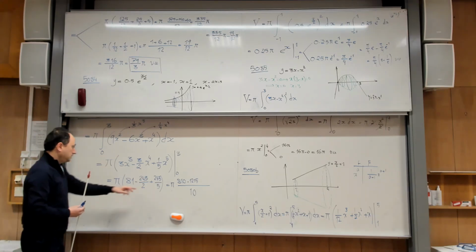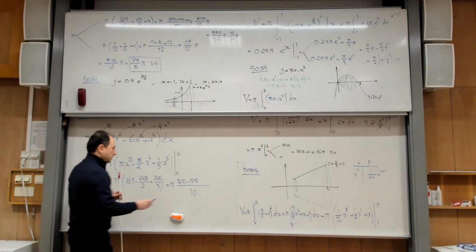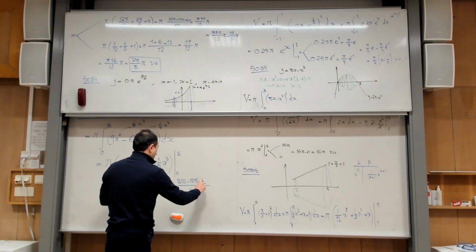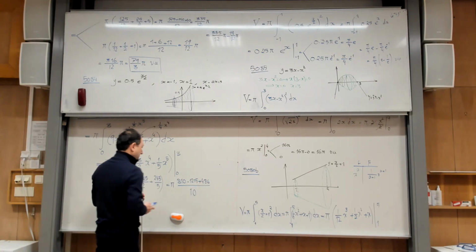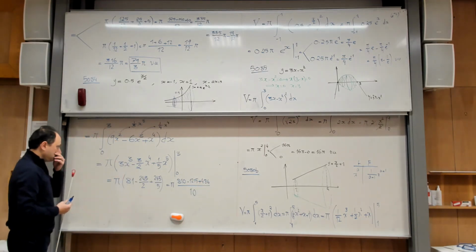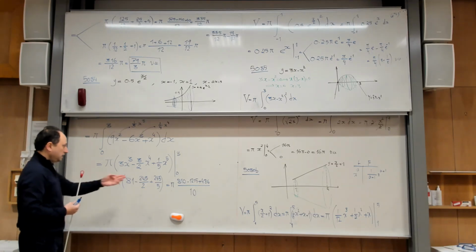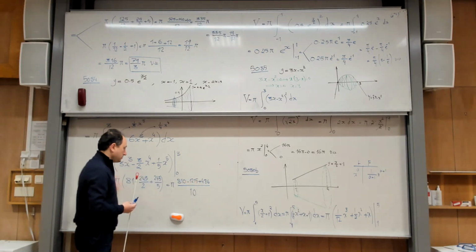Yes? And then 2 times here, if I multiply that, it becomes 486. And then you need to add these numbers and subtract them.